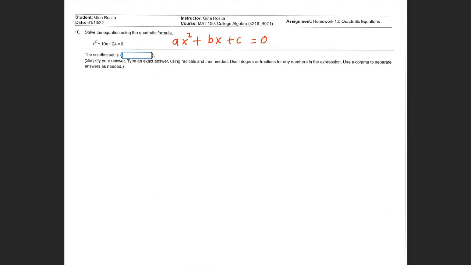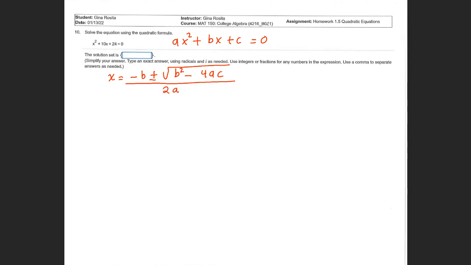To find the solution, we have the formula x equals negative b plus or minus the square root of b squared minus 4ac, divided by 2a.